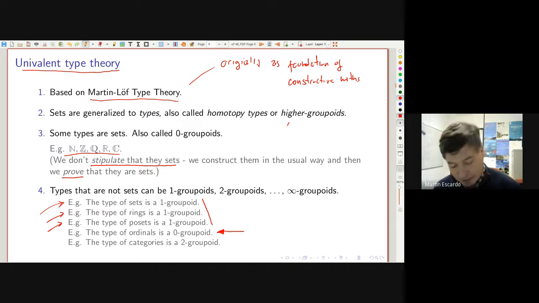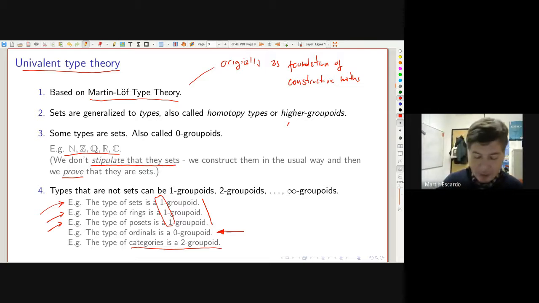It doesn't have higher structure like these ones. I pose an exercise to the audience: think about why this could be the case as I give the precise definition later, and maybe somebody can tell me why we have 0 rather than 1 in the type of ordinals. In the case of categories, I already explained. But I'll give you this as an exercise to think about during the talk.